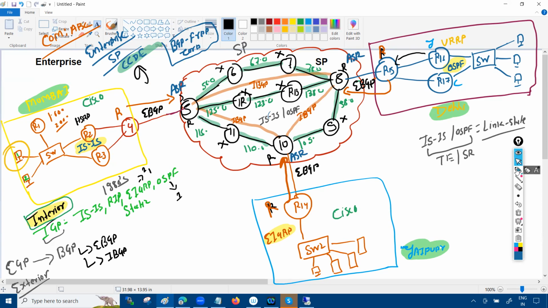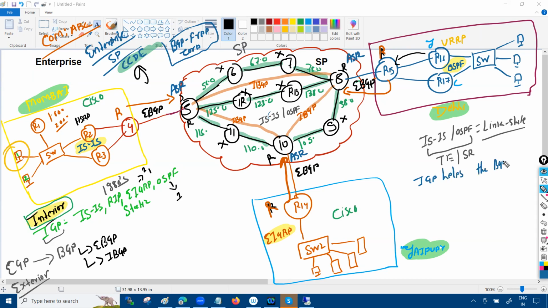Try to understand one thing over there. IGP helps the BGP protocol to provide the reachability of the next hop.